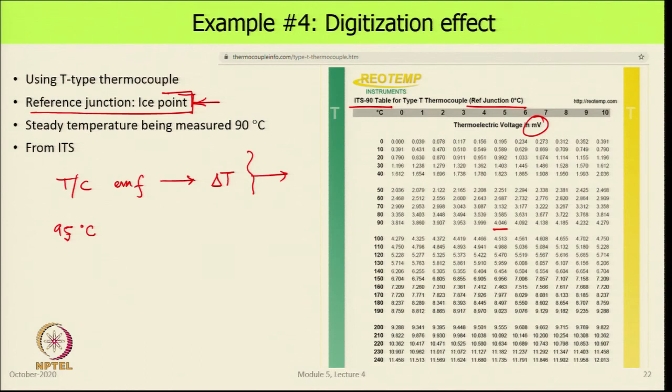But there is a problem. This table is applicable for a thermocouple made according to those standards. And the standard includes specifications on the quality of wire, the quality of the bead which is made by fusing, and many other things.